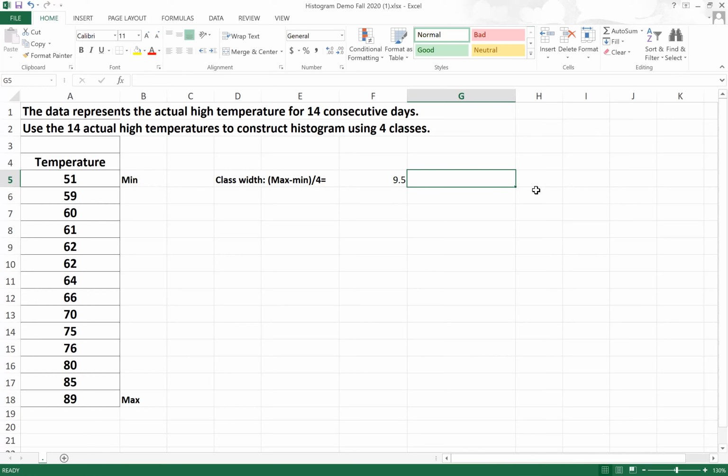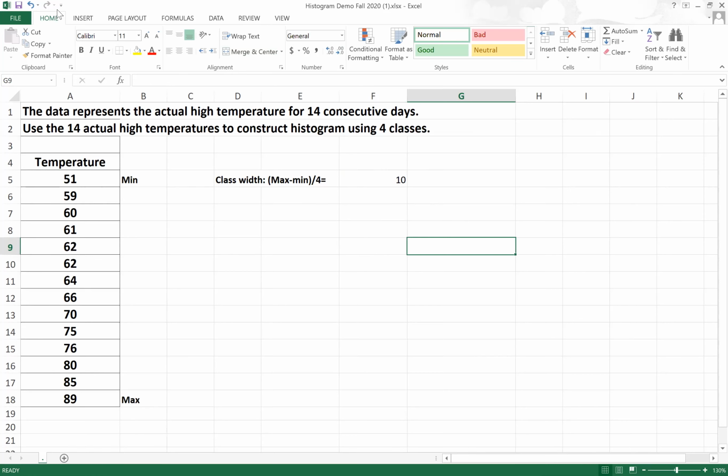We're using 10 as the class width. Since we know the class width, we know the starting point. We can start with 51 or 50, either one. I will start with 51, the minimum value.